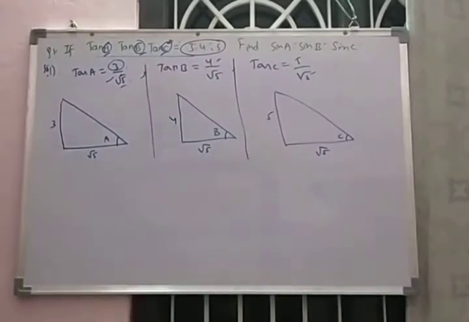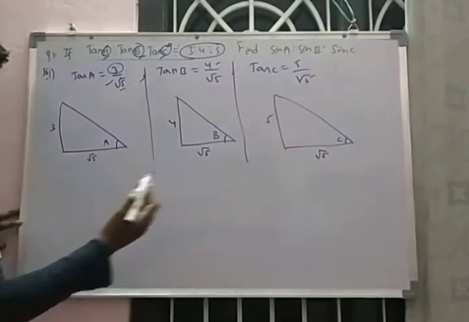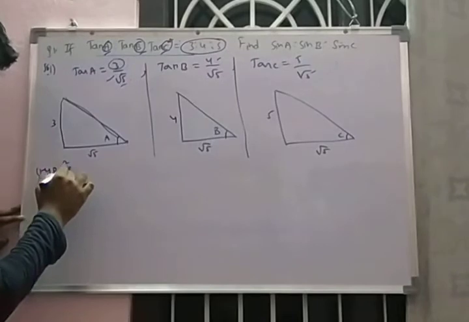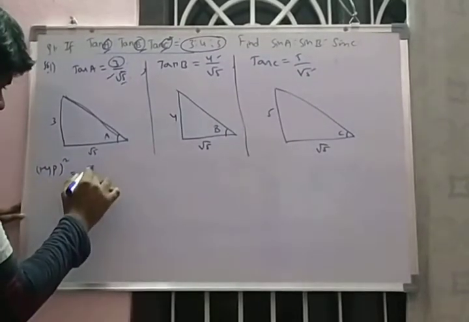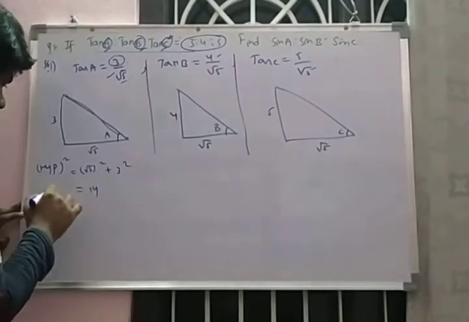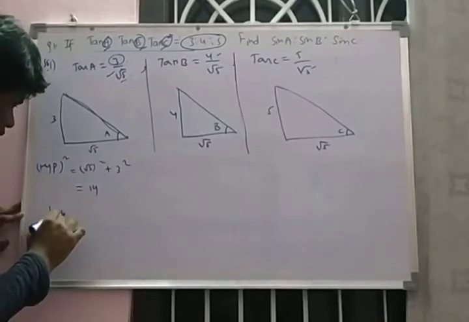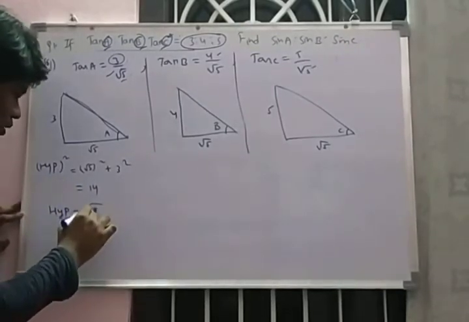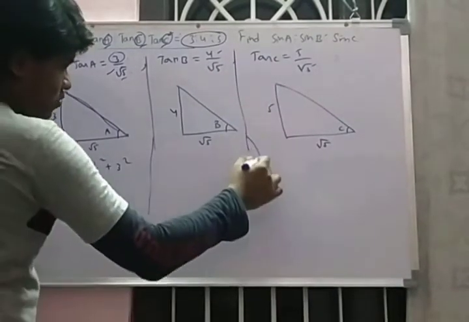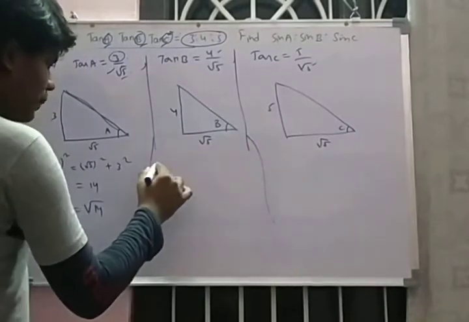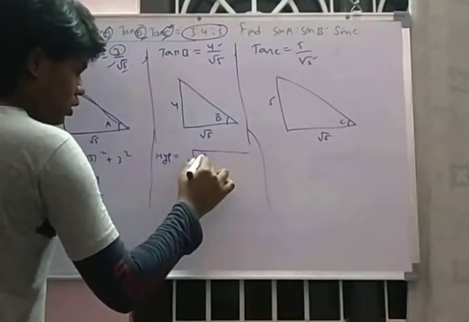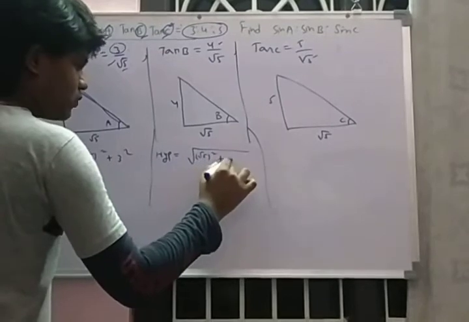So now by using the Pythagoras theorem, this hypotenuse square is equal to root 5 whole square plus 3 square. So that is 14. So now hypotenuse is equal to root 14 for angle A. For angle B, hypotenuse is equal to root over root 5 whole square plus 4 square.